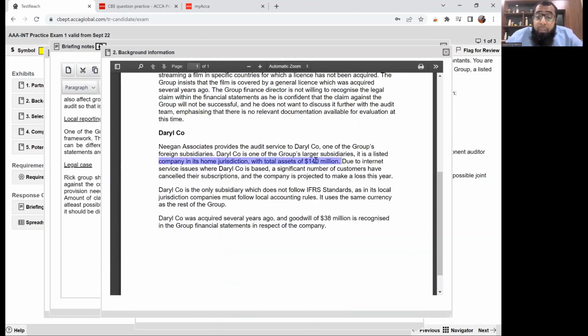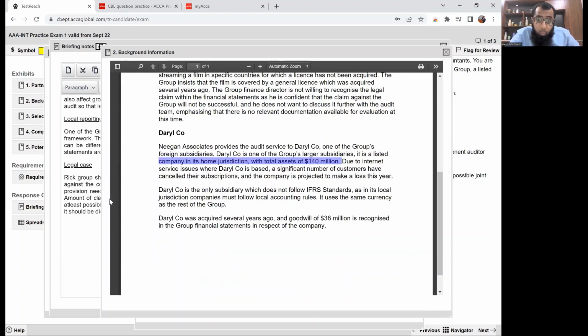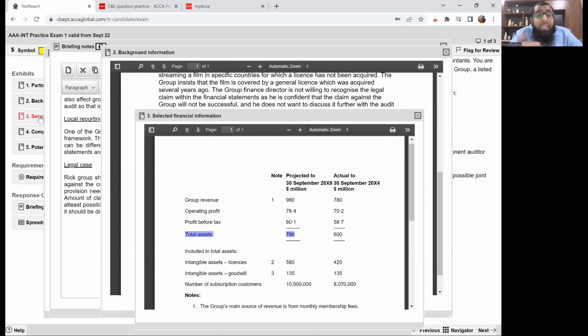Its assets are $140 million, whereas the entire group's assets are $780 million. So 140 million divided by 780 million is 17.9% of the total assets. So you can say that this subsidiary is a material subsidiary to the group.